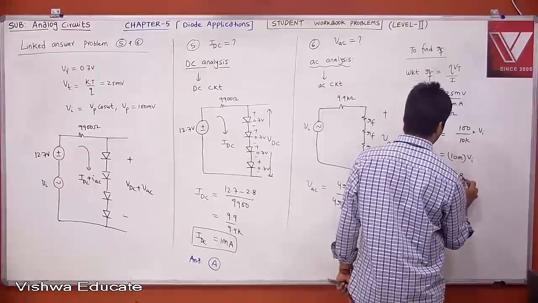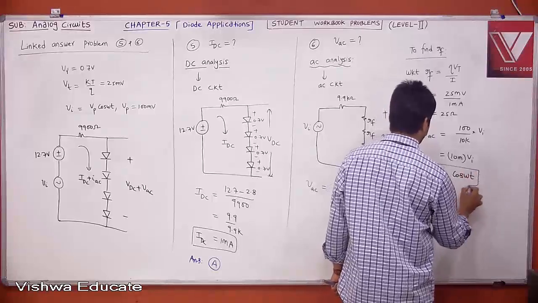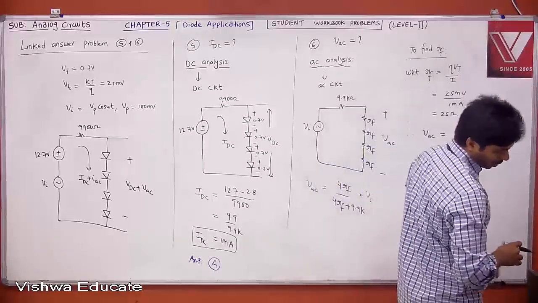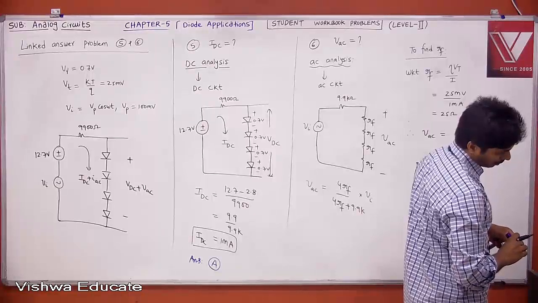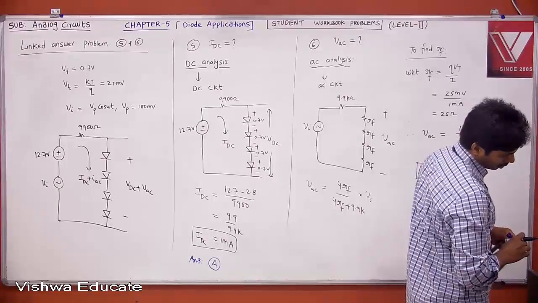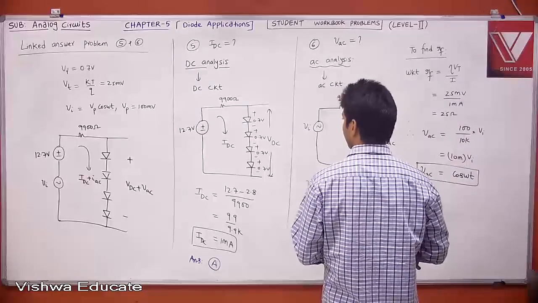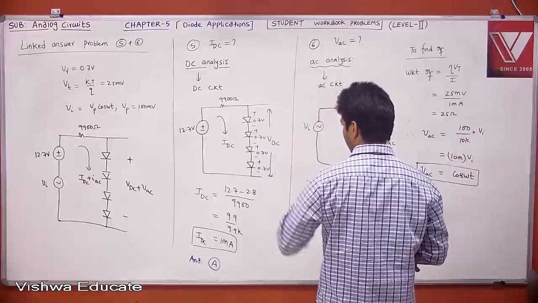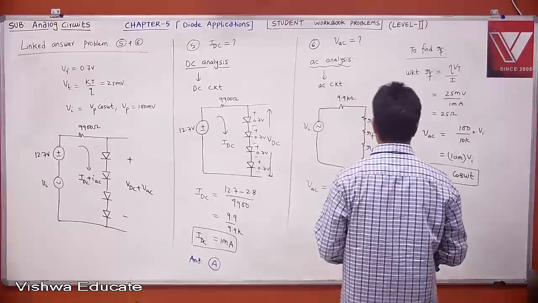Therefore, it is simply cos omega t. This is your VAC. Therefore, what is your output? Your output is B. Answer is B.